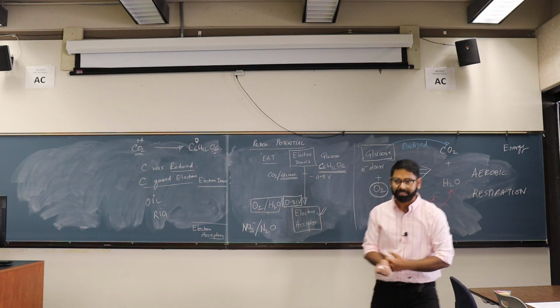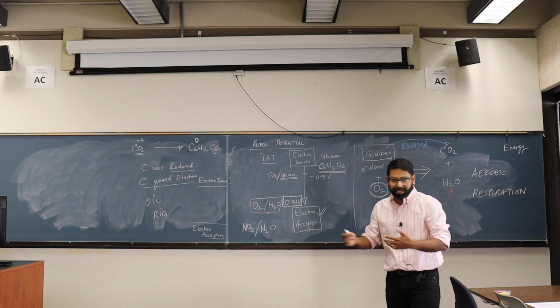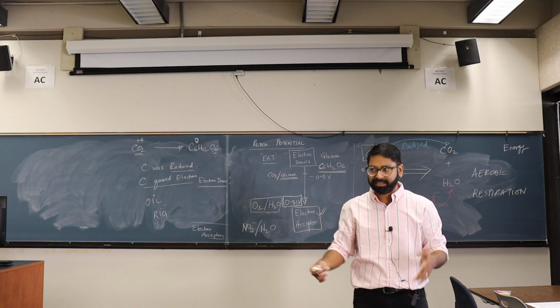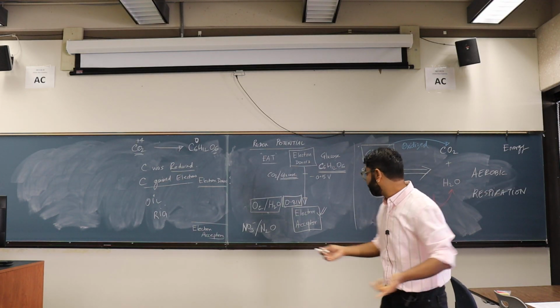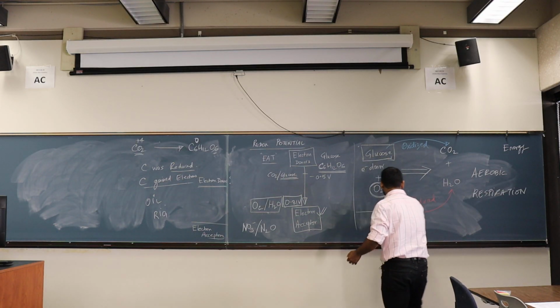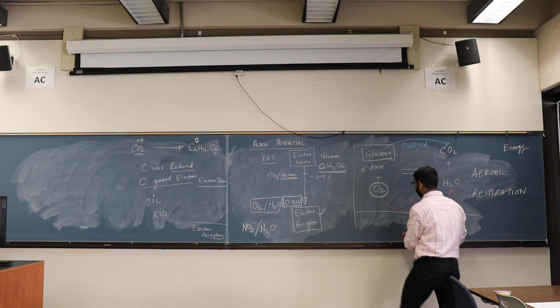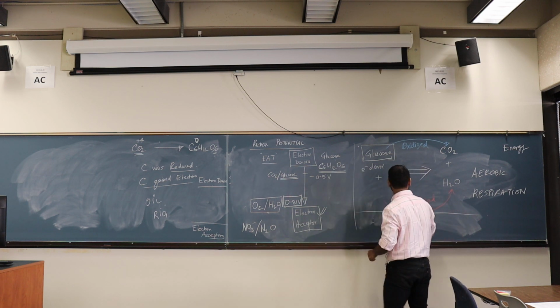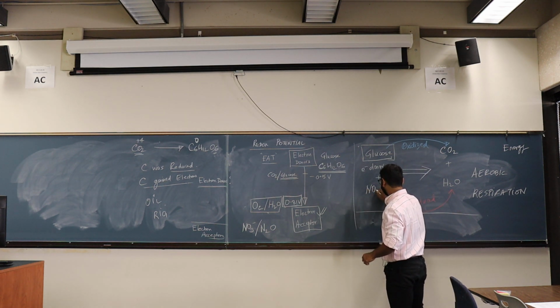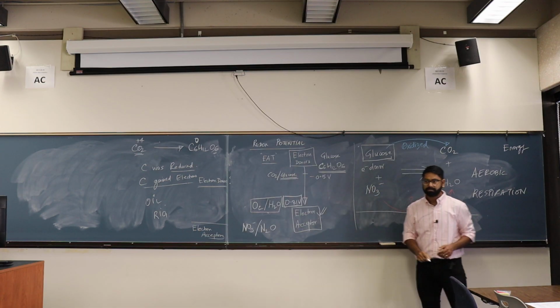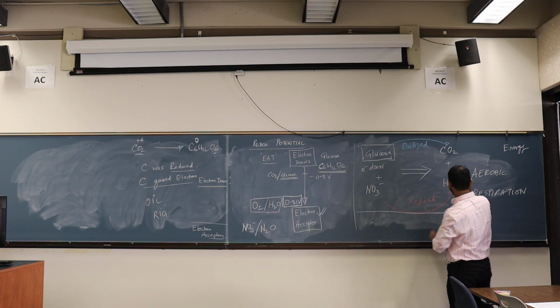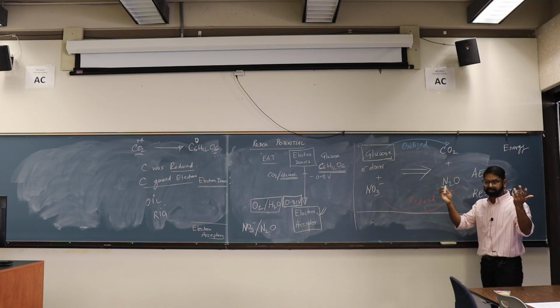But just imagine, are there other electron acceptors available? Yes. What could be the other electron acceptors? You can have nitrate. That nitrate will go to a reduced something, N2O, for example.